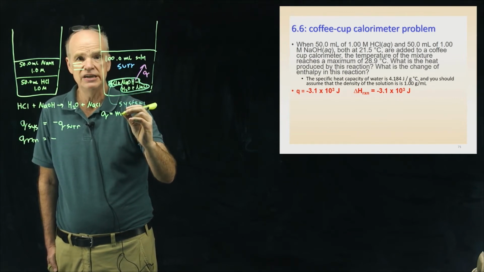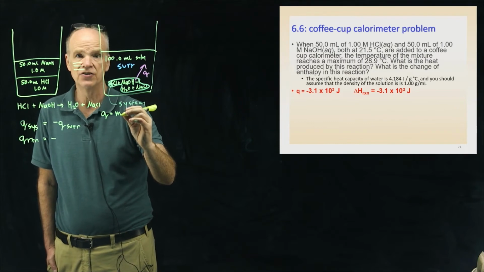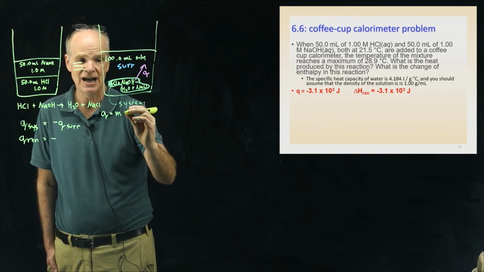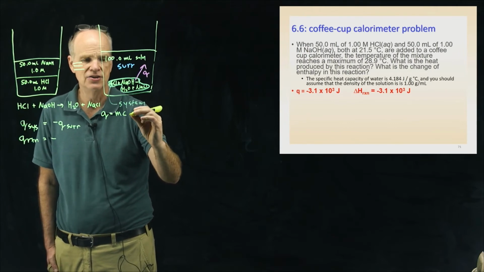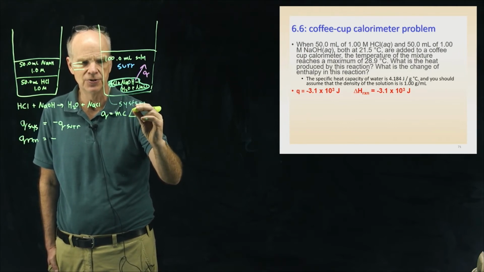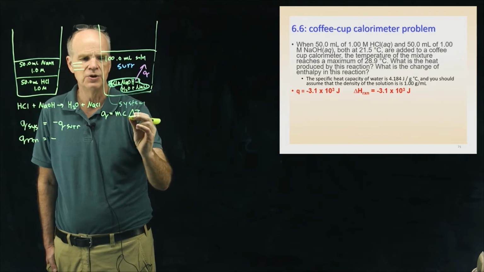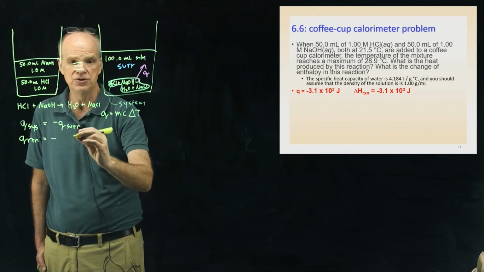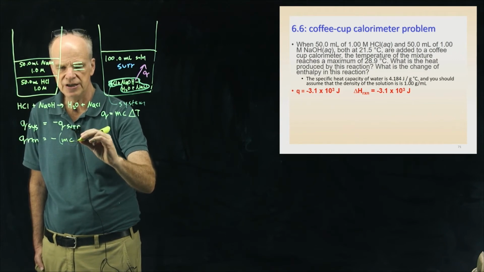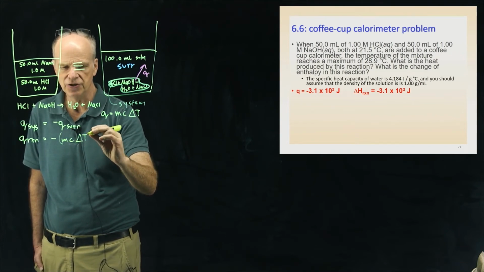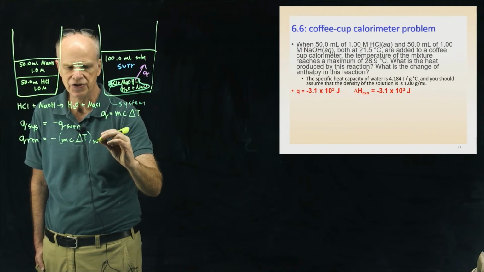And so we don't need a general heat capacity to solve this problem. We need a specific heat capacity to solve this problem. So I'm going to use a little c here, not a big C. And then we have a temperature change, so I'm going to put delta T here. So we can substitute this into Q of the surroundings. So it's going to be equal to M times C times delta T. And so let me just remind myself that this is the surroundings.